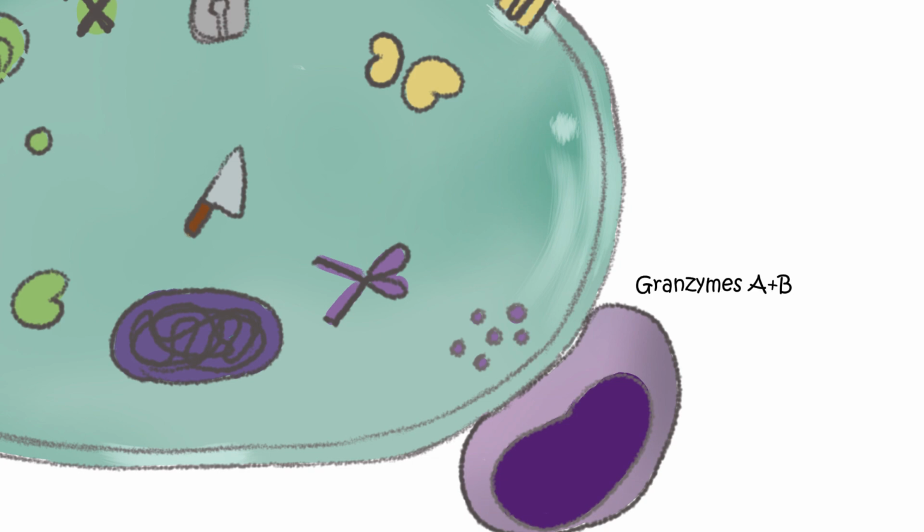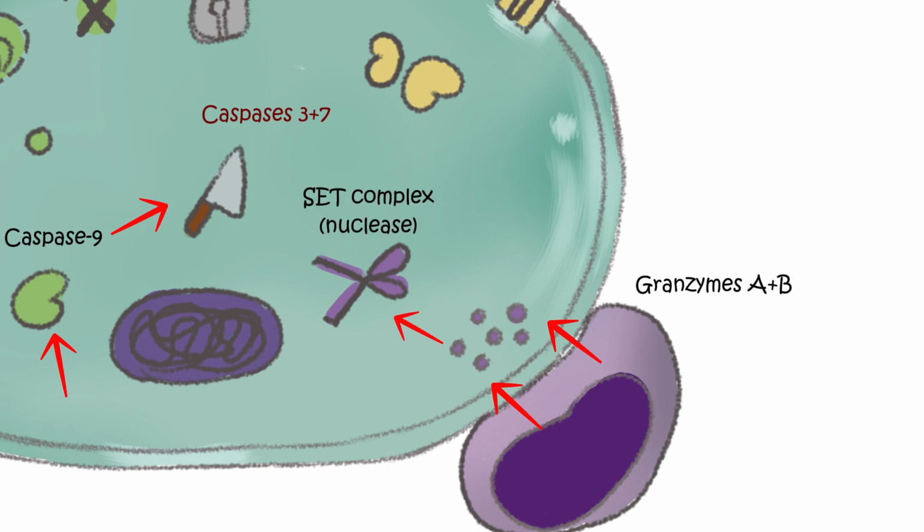Granzymes are released into the cell. These either activate caspase 9, which in turn goes and activates caspases 3 and 7, which are the executioners, or they form a SET complex, which acts as a nuclear scissor or nuclease. So this whole process actually causes destruction of the nucleus and also leads towards apoptosis.